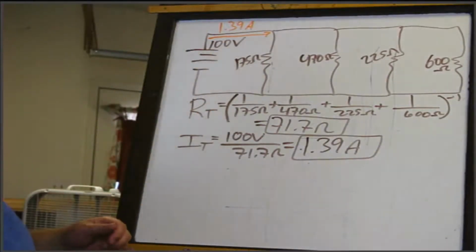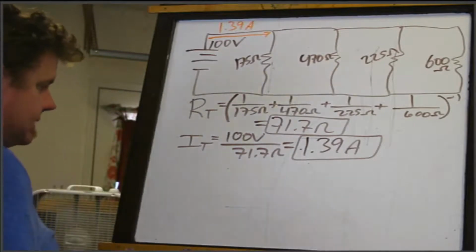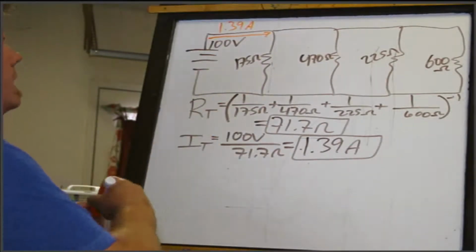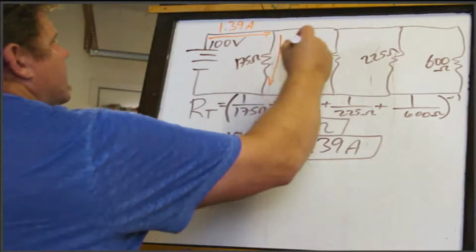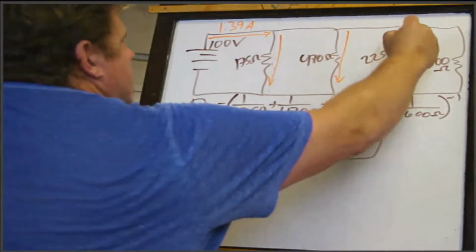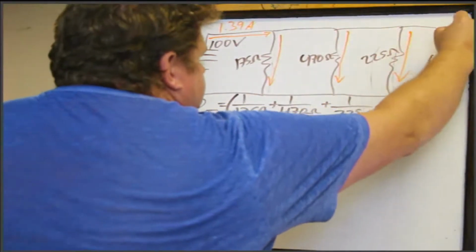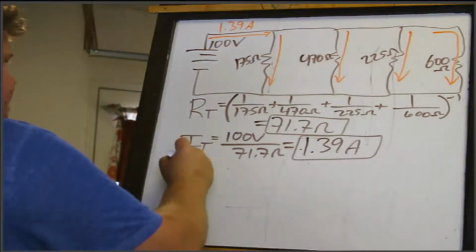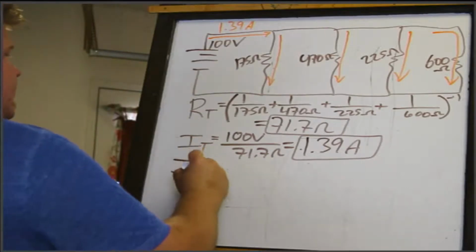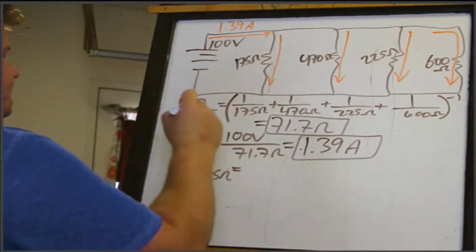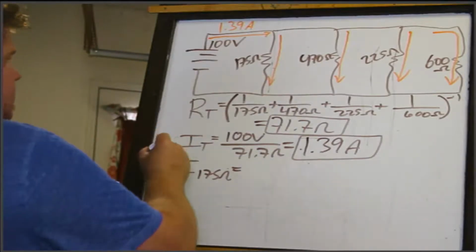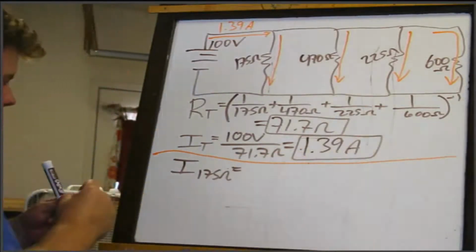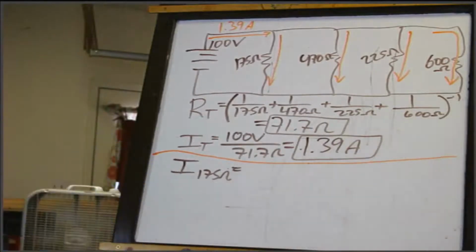So now, obviously, the question is going to be, what are the individual branch currents? We start with the current through the 175. John says, oops, I put a 7 by accident.